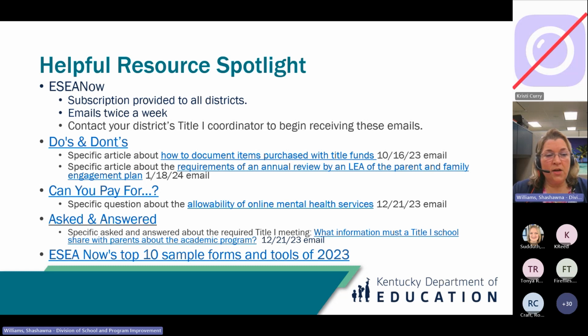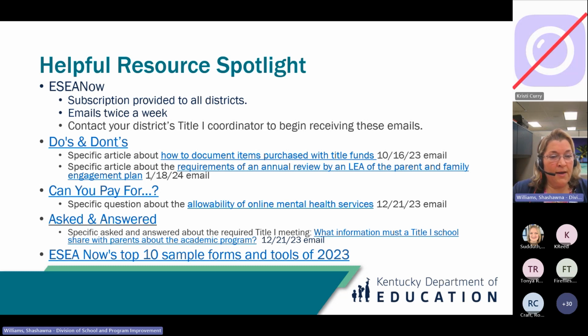The next section I want to highlight of the website is a part called Can You Pay For? It's an informational page with examples of allowable or unallowable uses of federal education funds that use the principles of RAND. And it's divided into topics like homeless education, preschool, safety, and transportation.